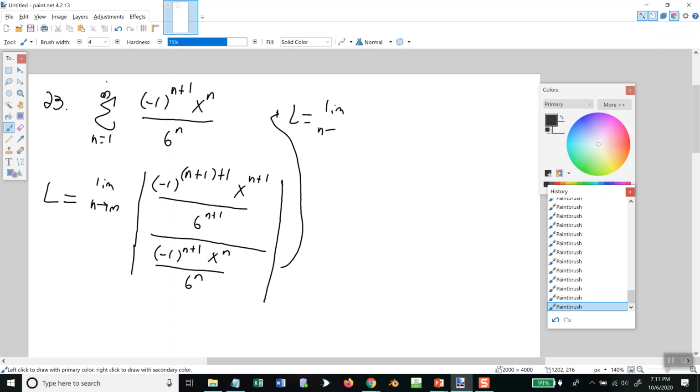So limit as n goes to infinity. That's -1 to the n plus 2, which is -1 to the n plus 1 times -1. And that's x to the n plus 1. That's x to the n times x to the 1.